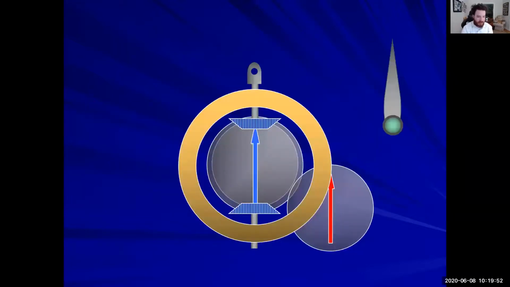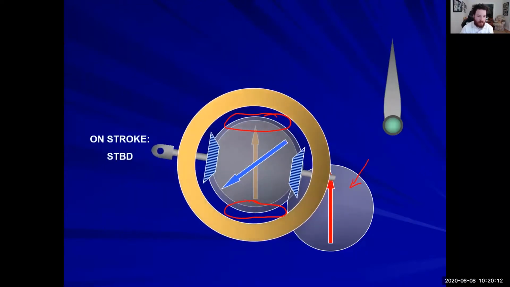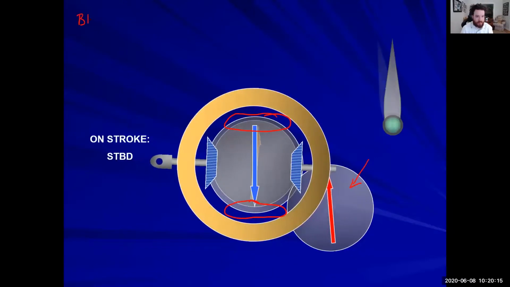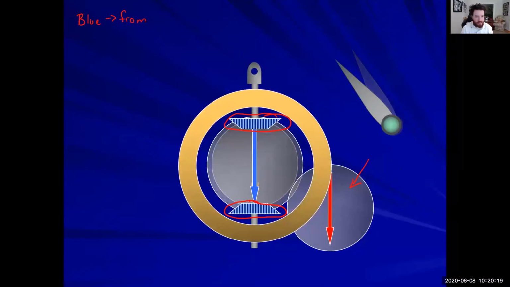All right, so if we watch this animation, this is our output gear right here. This is another output gear. This is a gear that's coming direct from our rudder, and we have the blue and the yellow. Blue is going to be from our helm, and these are the blue arrows.